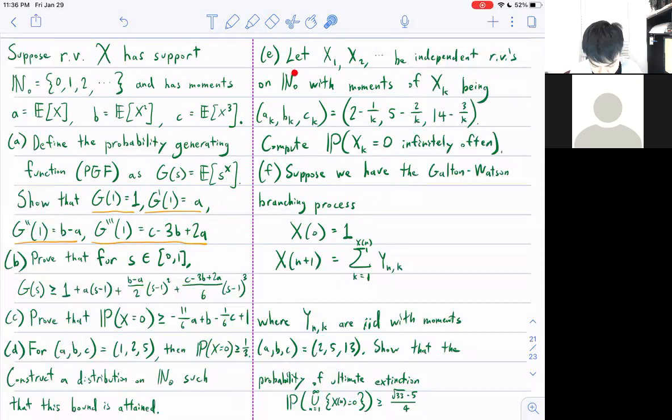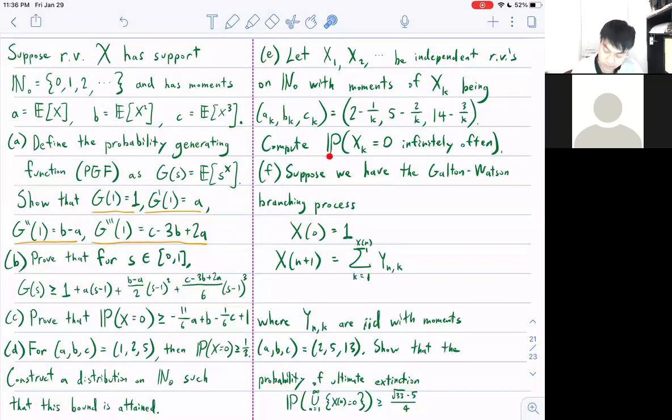In the fifth problem, let these random variables x1, x2, and so on be independent on the natural numbers, and they have the moments satisfying this relationship right here. The moments of these random variables are not the same. Rather, they satisfy this expression here, but we are given that they're independent.